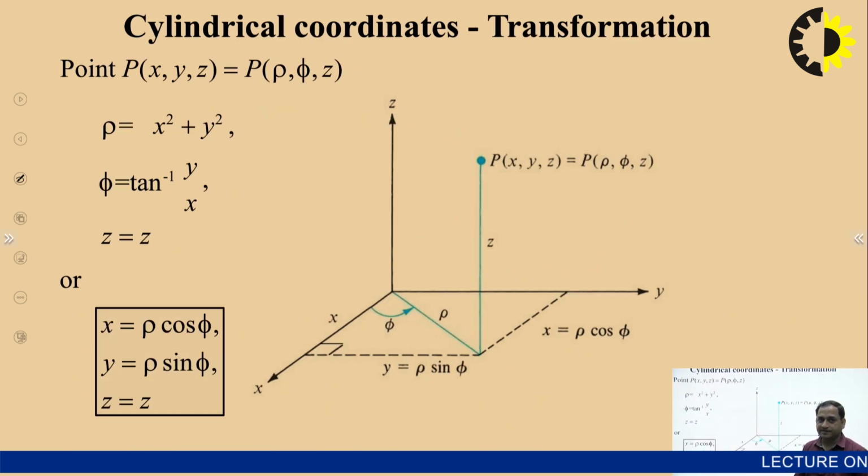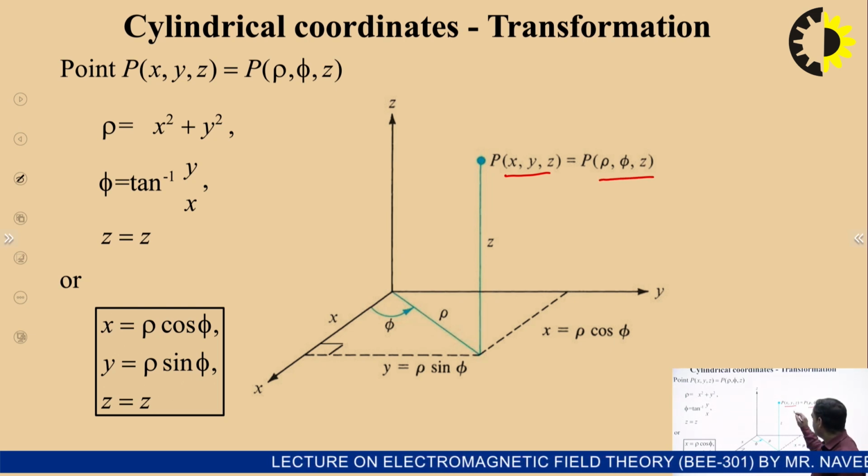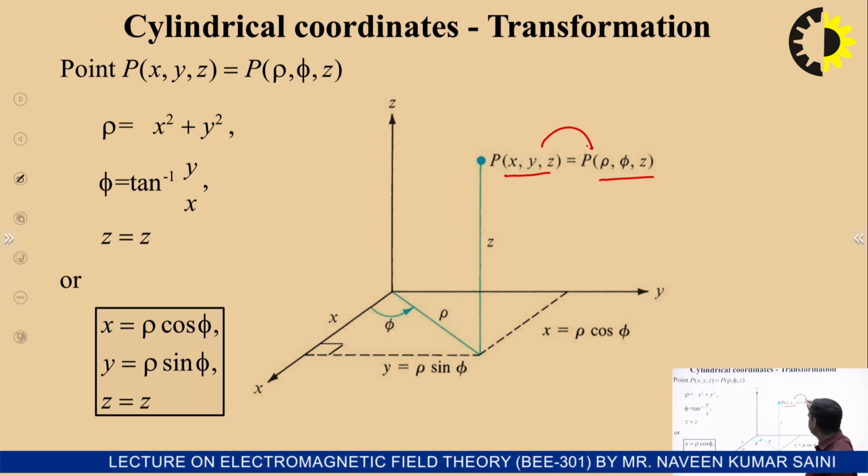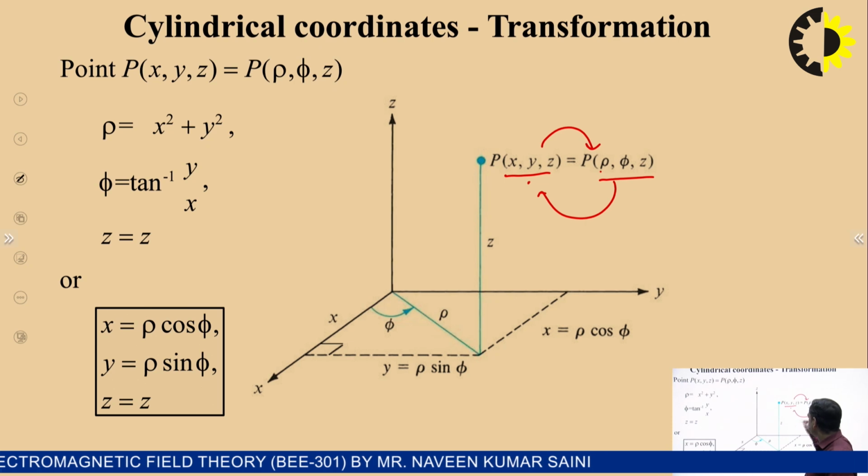If we represent it in terms of transformation, the point P will be x, y, z, and in the cylindrical coordinate system point P will be rho, phi, z. Both are equal, so this is a transformation from Cartesian coordinates to cylindrical coordinates. If this one is equivalent to this one, then the reverse order is the transformation from cylindrical coordinates to the Cartesian coordinate system.